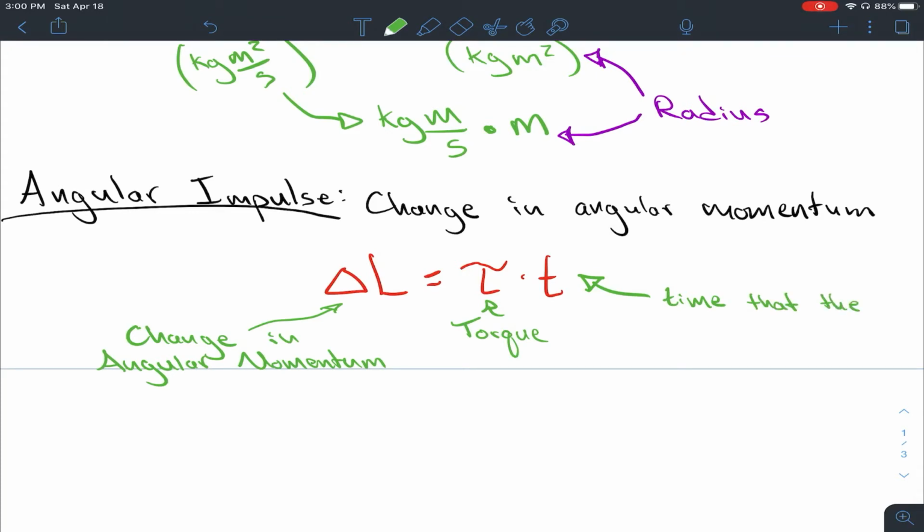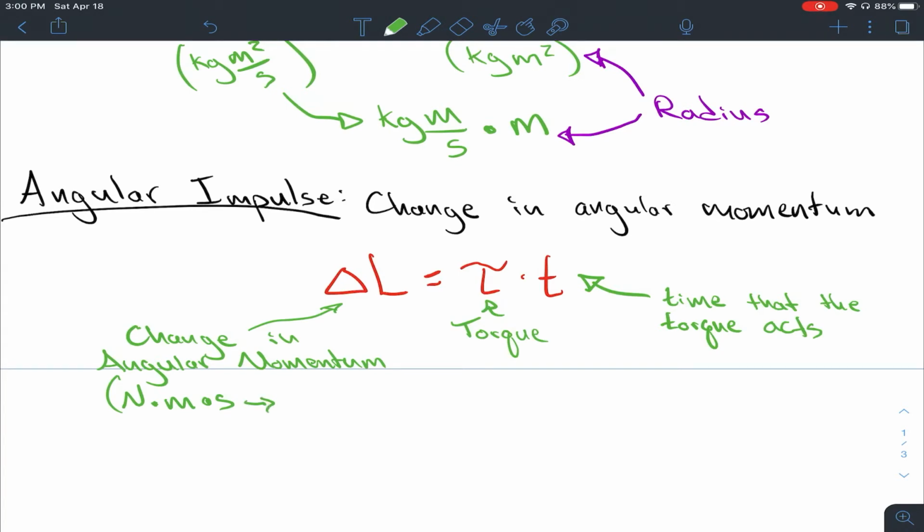One way I like to think of it is if I'm screwing a screw into a board, the time is how long I'm applying that torque to get the screw to go into the board. So, time that the torque acts. And the units for all these things aren't too crazy. The change in angular momentum, we could think of as a torque times a time. So it could be something like a Newton times a meter times a second, which is a little bit of a goofy way to think of it.